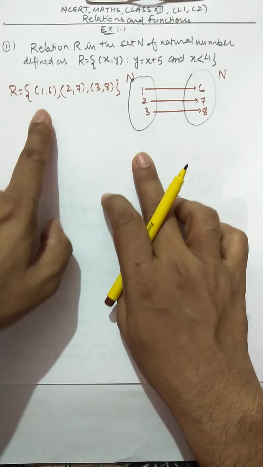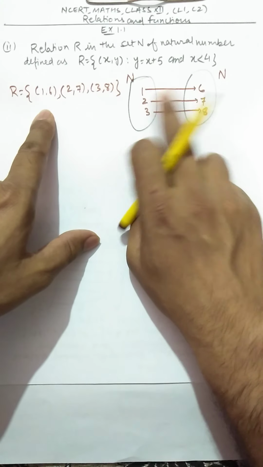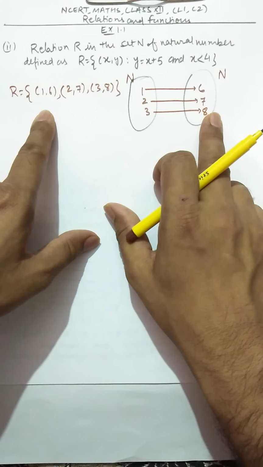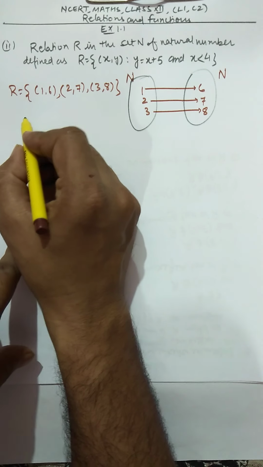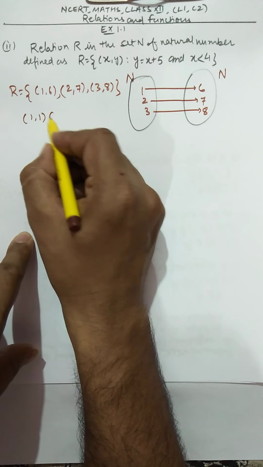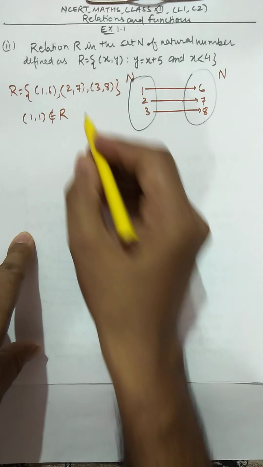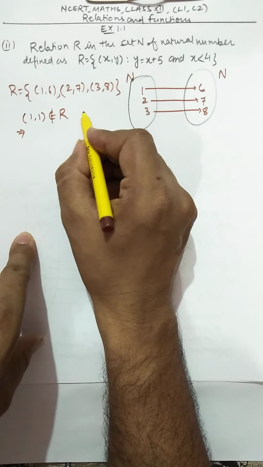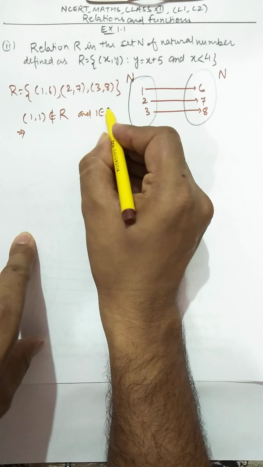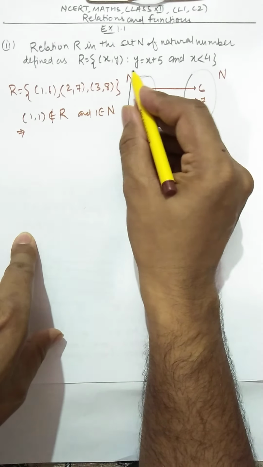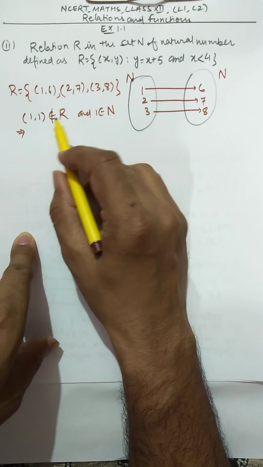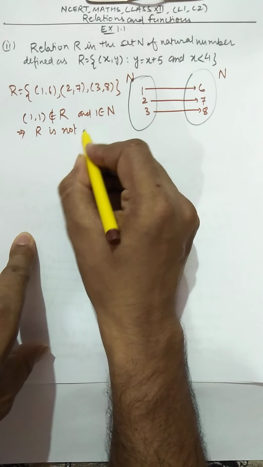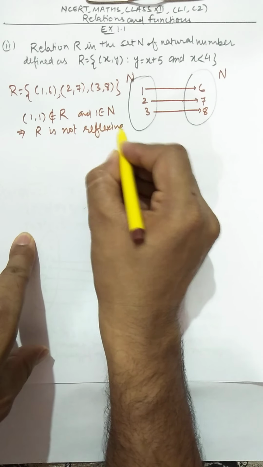So you see that if I take one element 1, then (1, 1) is not there. Similarly (2, 2) is not there, (3, 3) is not there. So I can say that (1, 1) does not belong to R, and 1 belongs to N, but (1, 1) does not belong to R, so it implies that R is not reflexive.